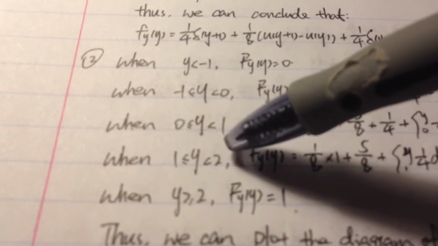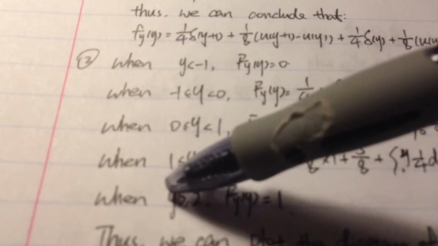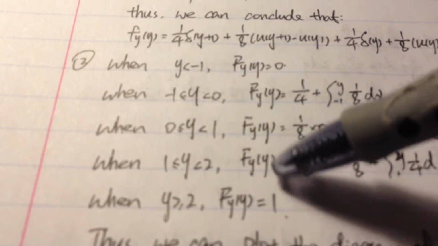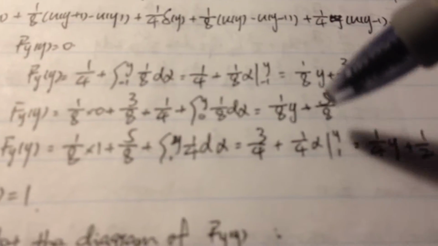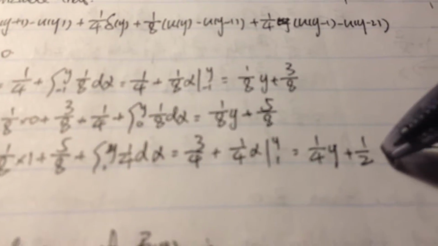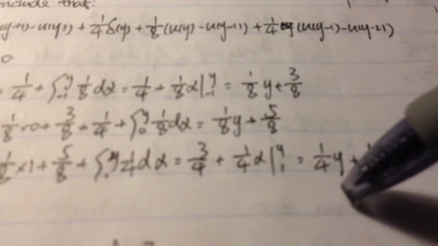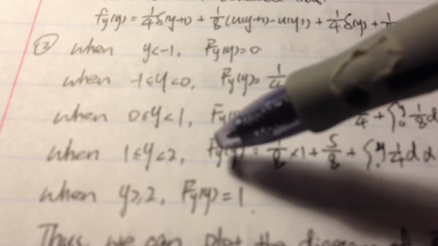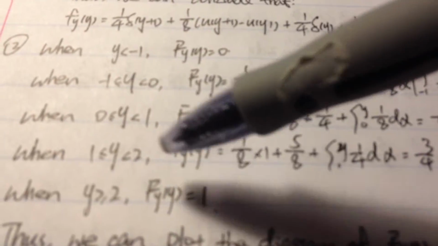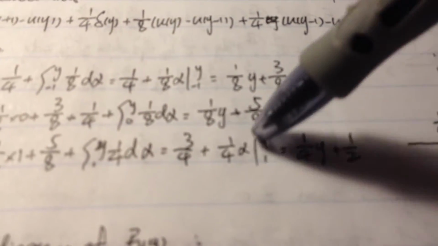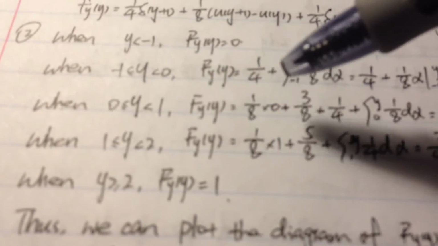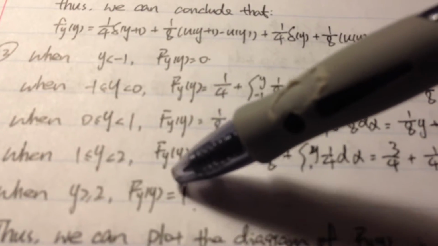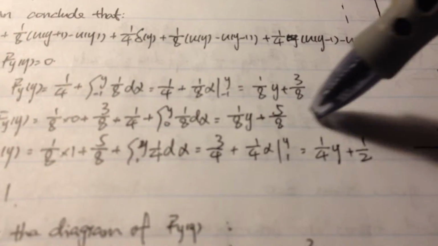And when y is greater than or equal to 1 and less than 2, we use the same way, and we can know that it is equal to this one, and we can verify that when y is close to 2, the distribution function of y equals 1, so we can know that this part is right.